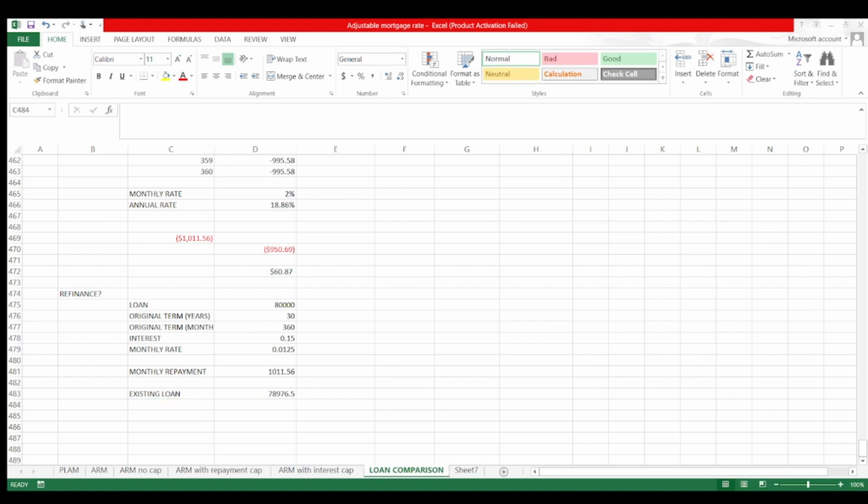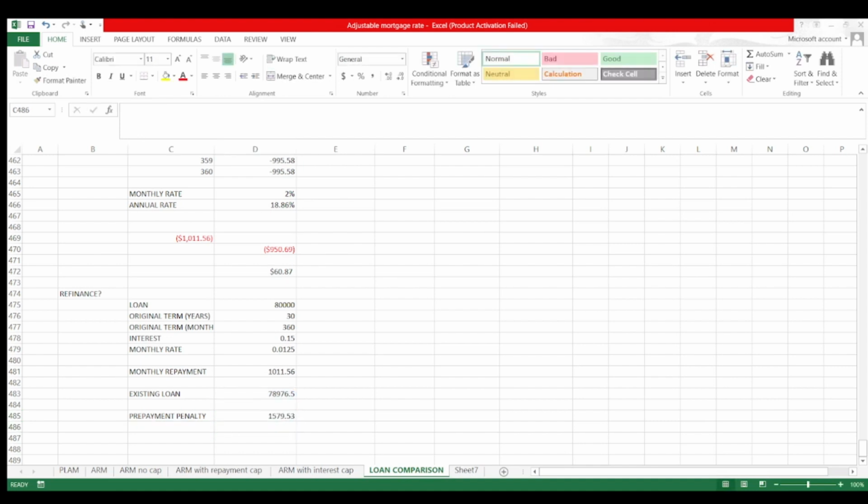So we have a cost here of 2%. So the prepayment penalty is equal to this times 0.02.